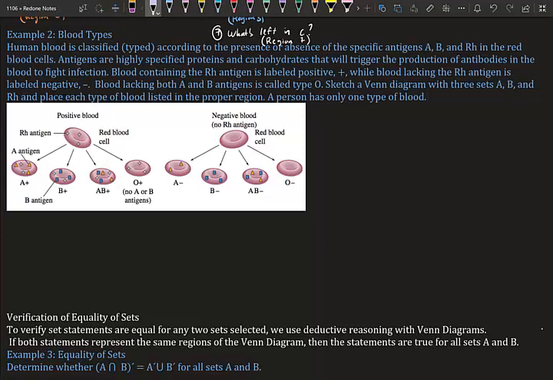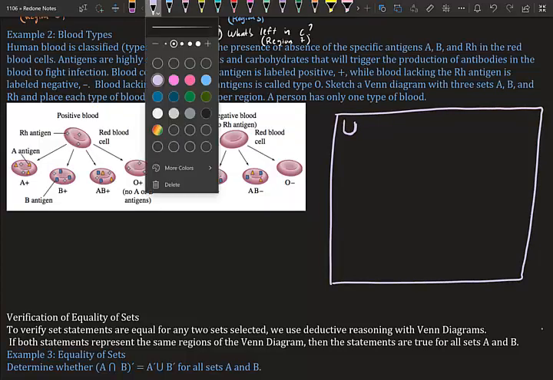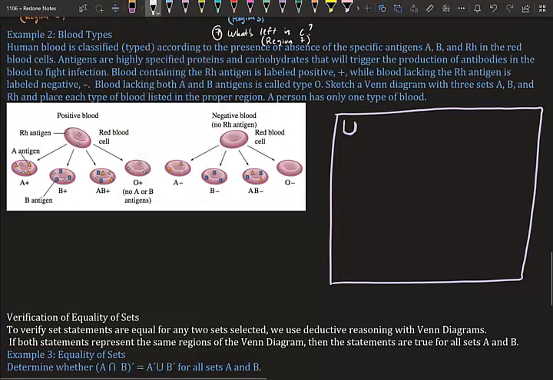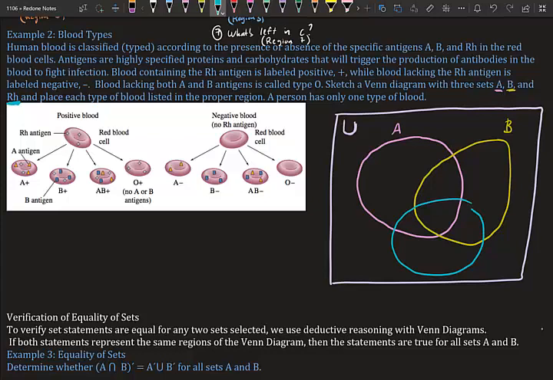All right, so it wants us to sketch a Venn diagram. To do that, we're going to do our U, our universal box. Now it tells us each set. We have set A, we have blood type set B, and we have set Rh, which is kind of like a type of blood type, not really.